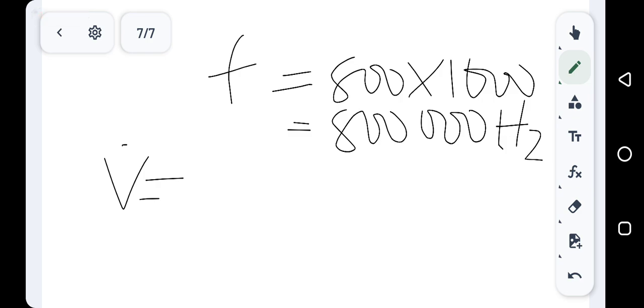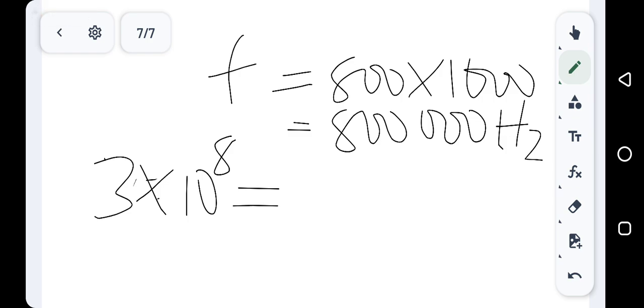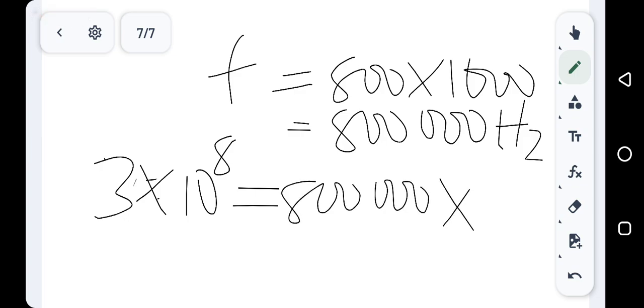We know our V: V is 3 times 10 raised to power 8, frequency is 800,000, multiplied by lambda.